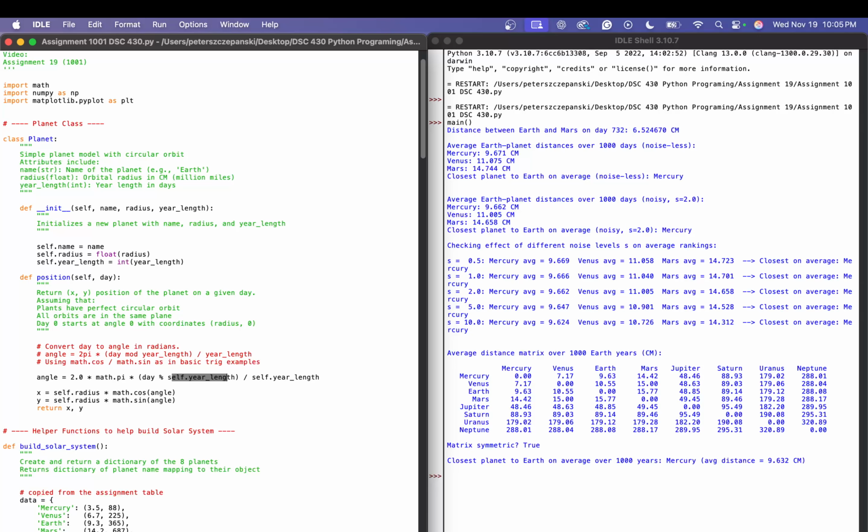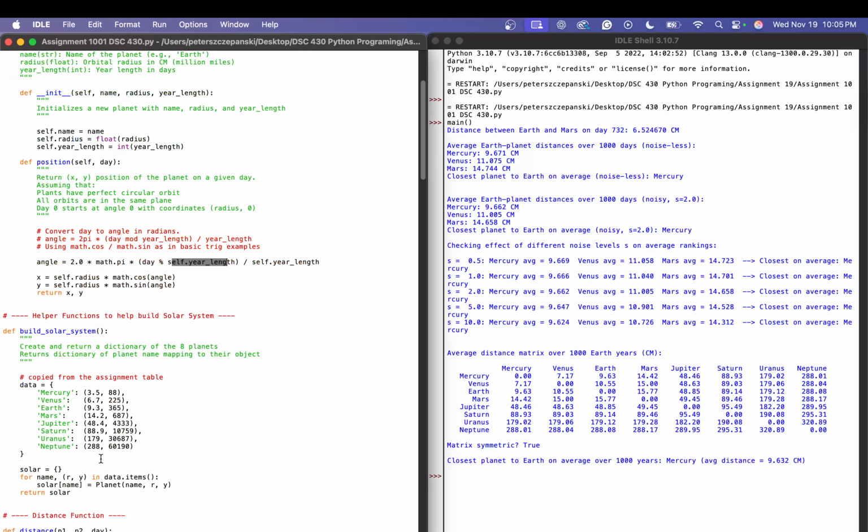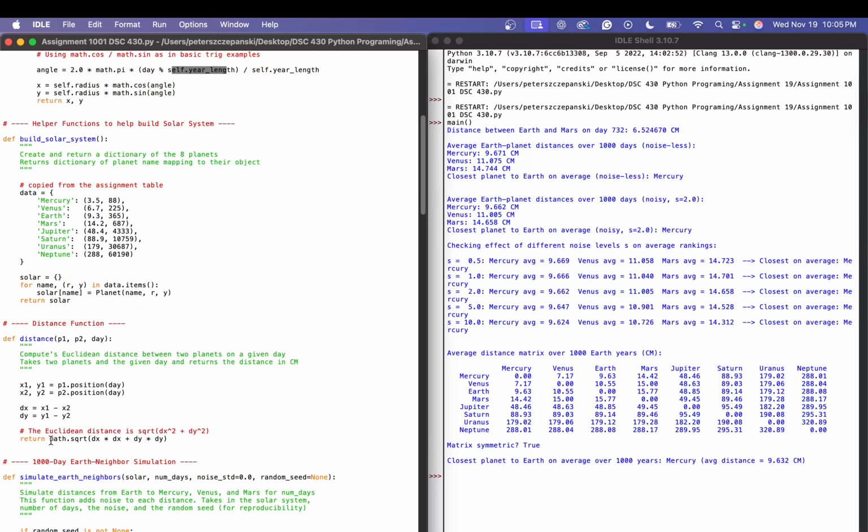And then I used math cosine to get the x-coordinate and math sine to get the y-coordinate. After that, I just used the simple Euclidean distance, which is the square root of (x minus x) squared plus (y minus y) squared. Then I implemented that in Python.